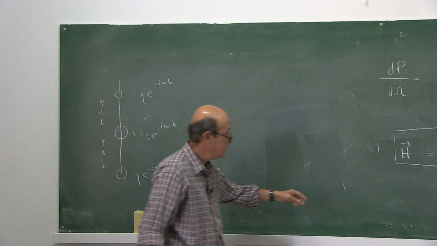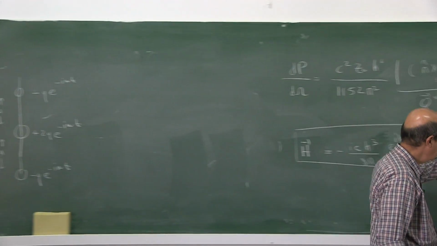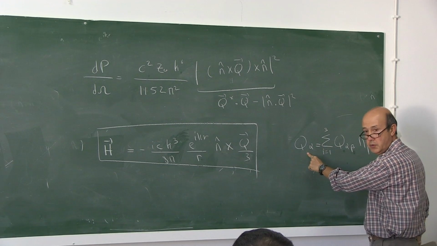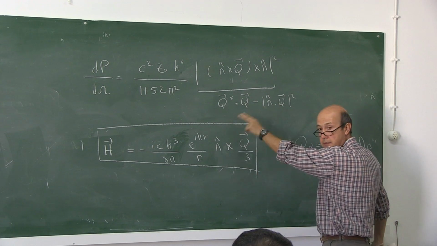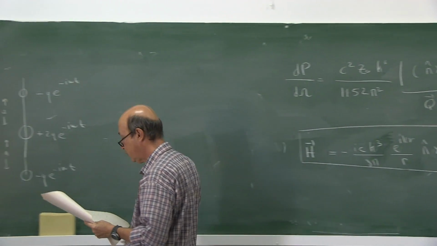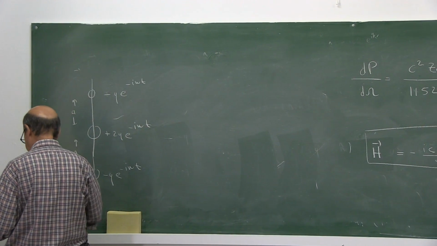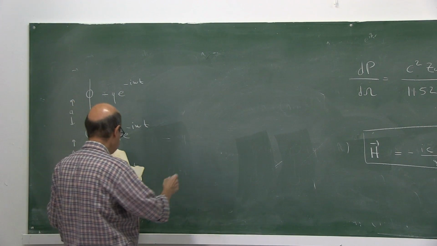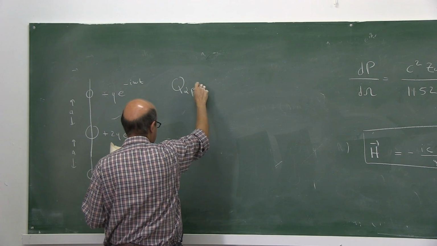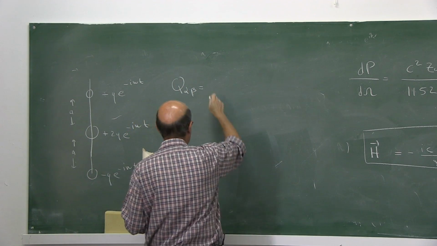In order to do this, you have to calculate Q alpha beta. Basically, you have to work with the quadrupole moment tensor. So let me write the definition of the quadrupole moment tensor again.